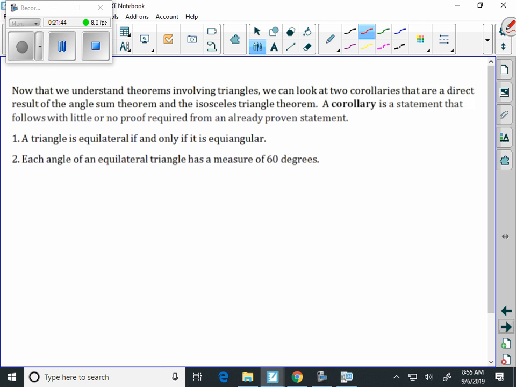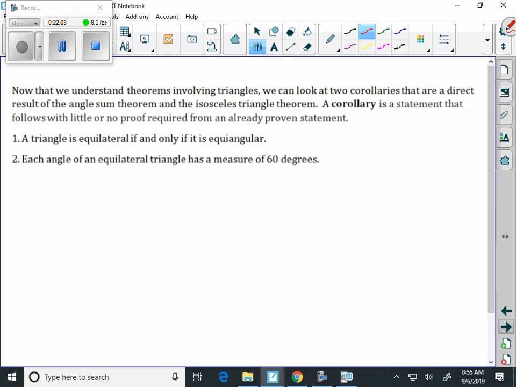And I've kind of been alluding to that as we've been going through these notes. But it says a triangle is equilateral if and only if it's equiangular. So remember, equilateral means 3 congruent sides. And if we have 3 congruent sides, then we also have 3 congruent angles.